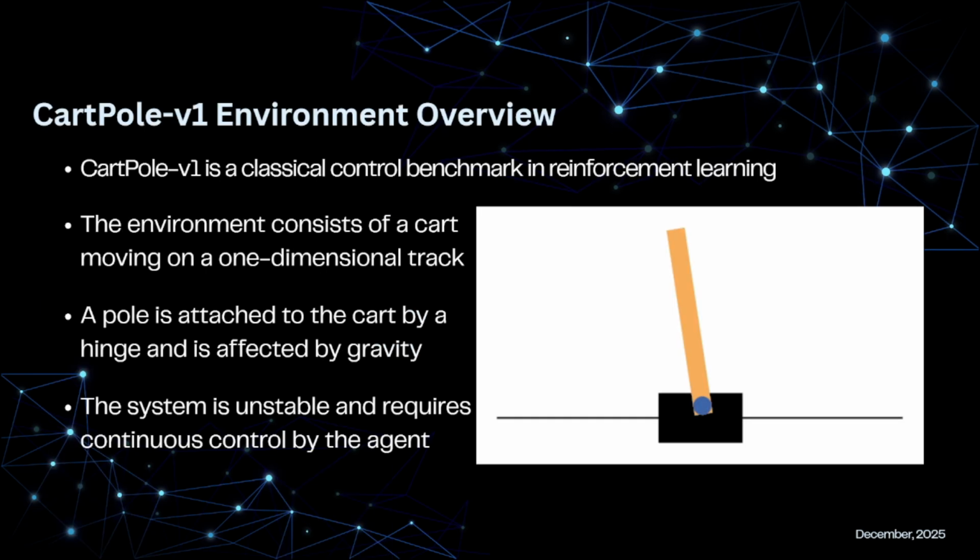The first thing I want to show here is the CartPole-v1 environment overview. CartPole-v1 is a widely used benchmark problem in reinforcement learning. The environment consists of a cart that moves along a one-dimensional horizontal track with a pole attached to the cart by a hinge.